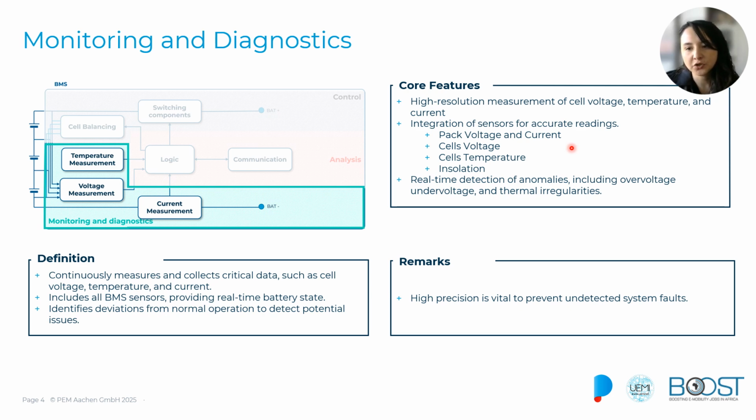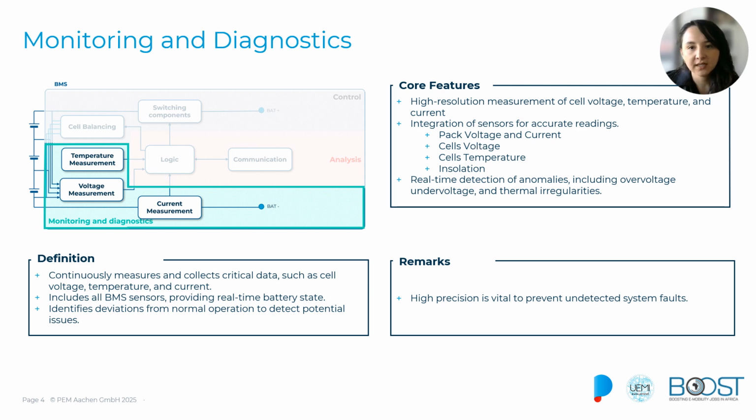We also have measurements of the pack voltage and pack current to ensure the overall system operation, as well as insulation resistance measurements to detect failures in the electrical insulation system.